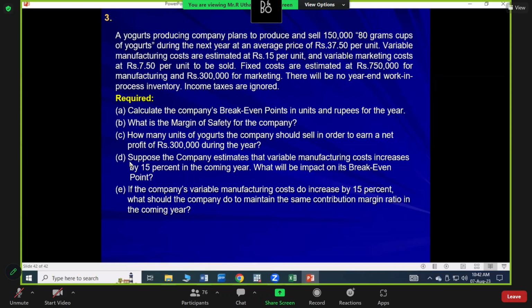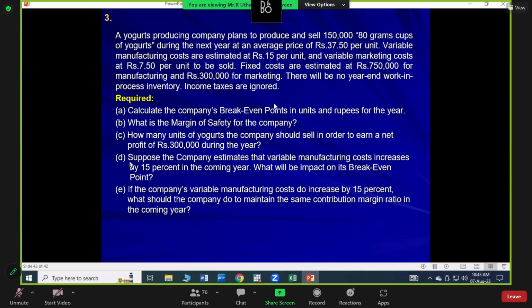Variable manufacturing costs are estimated at 15 rupees per cup. The variable cost is 7.57 per unit sold. Fixed cost is estimated at 7 lakhs and 50,000 for manufacturing and 3 lakhs for marketing.